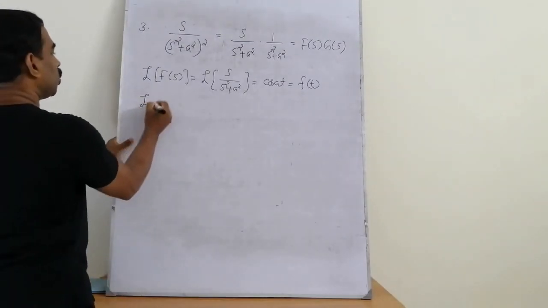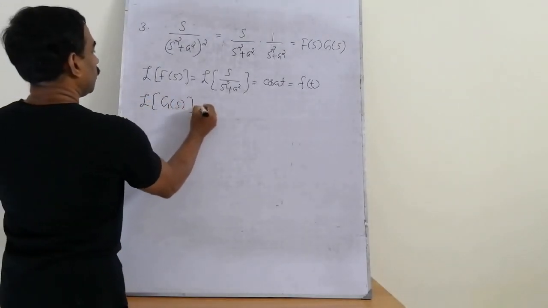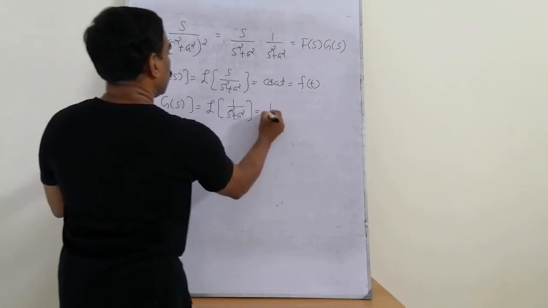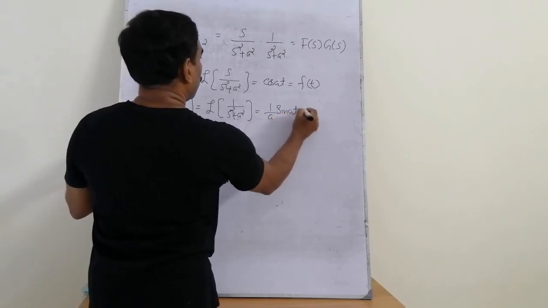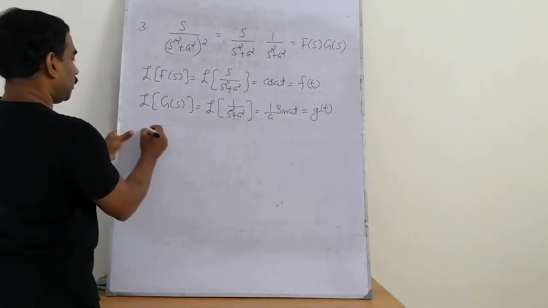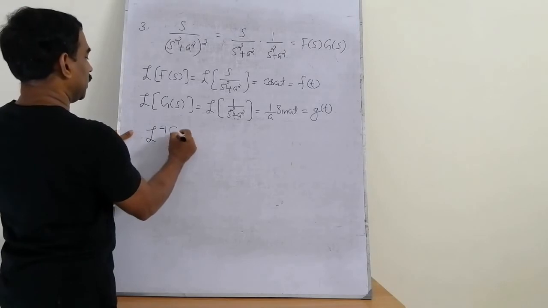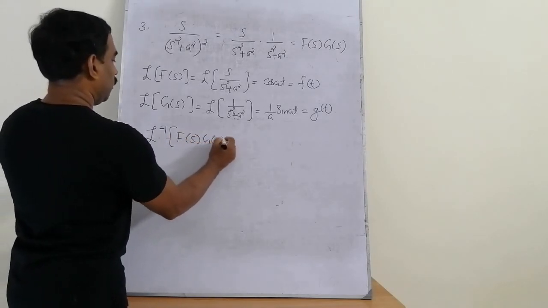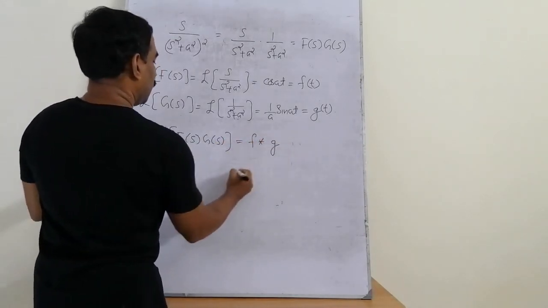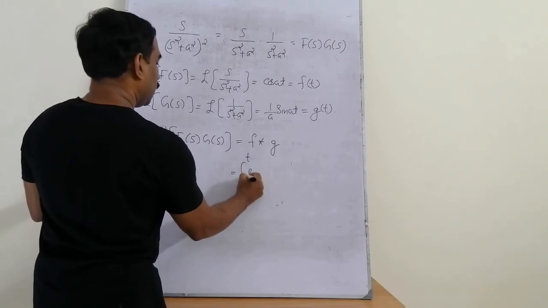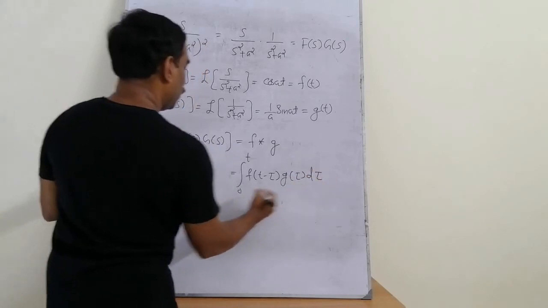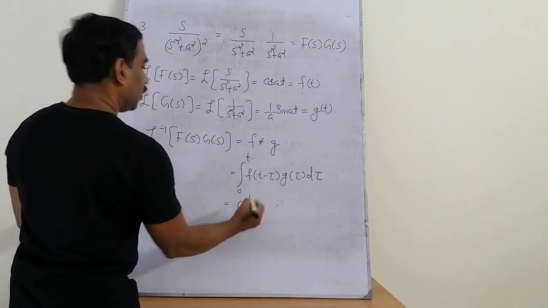And similarly, the inverse Laplace transform of G(s), which is 1 by (s square plus a square), is equal to 1 by a sin at. This is the function g(t). Now by the convolution theorem, the inverse Laplace transform of F(s) G(s) is equal to the convolution product f star g, and this is equal to the integral 0 to t of f(t minus tau) g(tau) d tau.